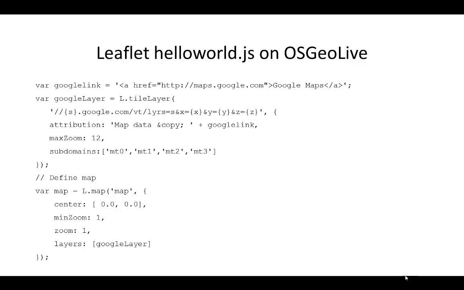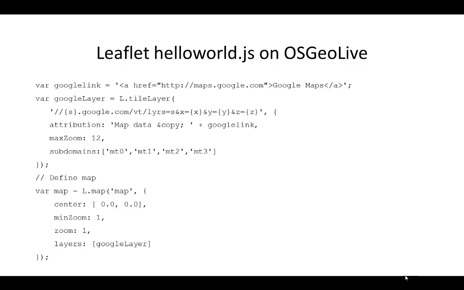I can't remember exactly what they go to. Is it 15, 17, 16 levels? I'm not sure. But basically, you will see the satellite image until you get to zoom level 12, and then when you go below zoom level 12, you're not going to see the satellite imagery anymore. And then we've got our list of the subdomains that basically get pumped into this S to parallelize the delivery of the maps.